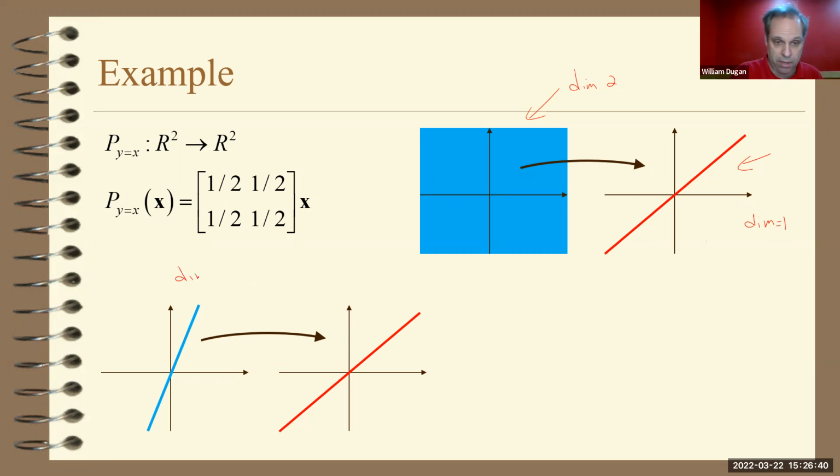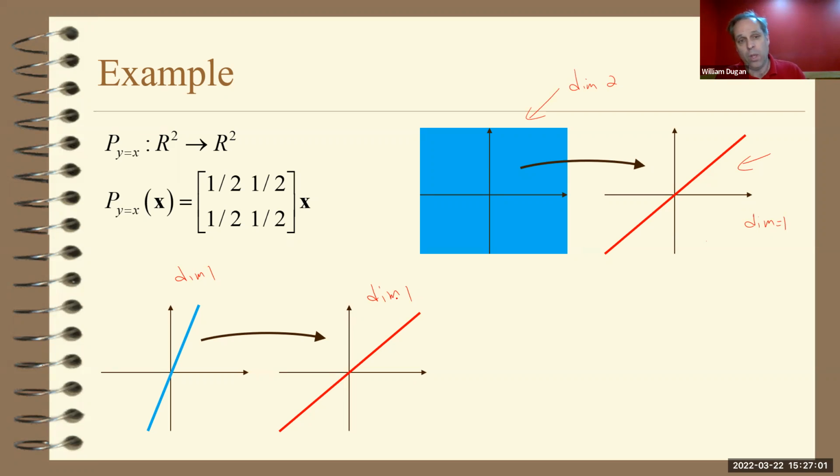Because the original space's dimension is 1, the image dimension can't be more than 1, and it's not.